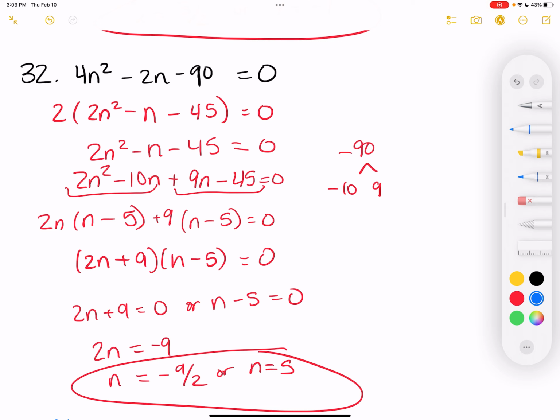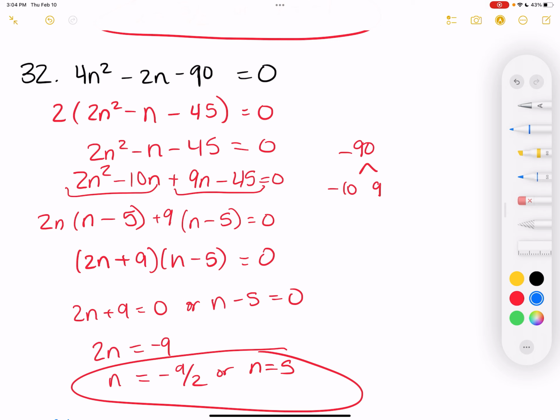It's just negative n. Anyways, the 0 divided by 2 is where the 2 outside goes. It's gone, bye-bye. You're left with 2n squared minus n, minus 45 equals 0.